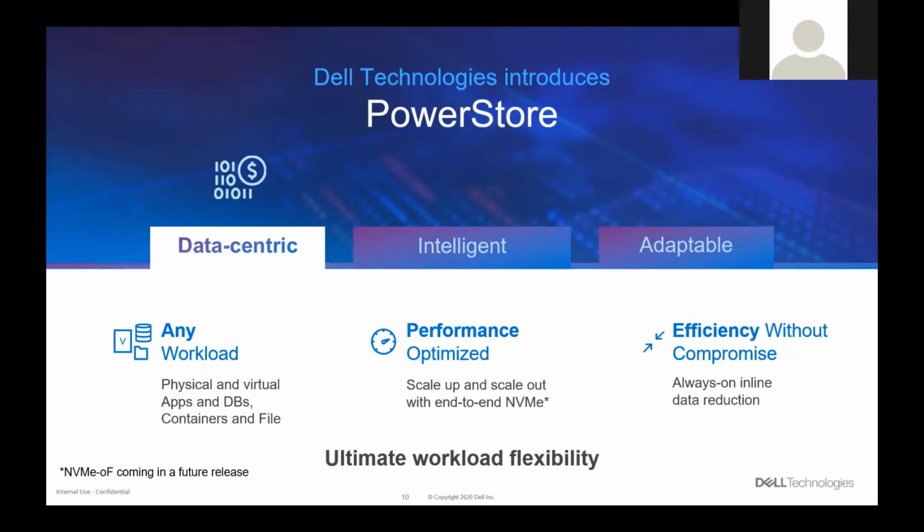It's designed for performance optimization through end-to-end NVMe, and we can scale up and scale out whenever the demands increase. And we are enabling efficiency through always-inline data reduction, so you're getting data reduction with hardware assist.